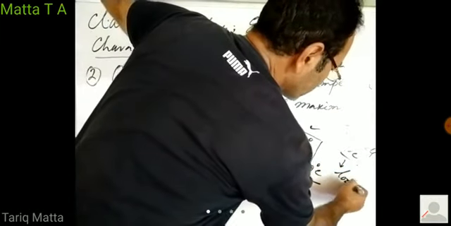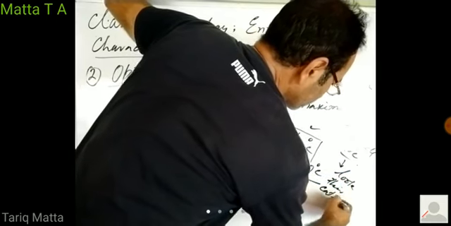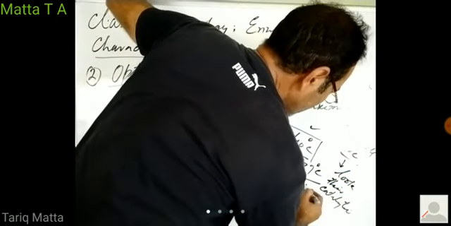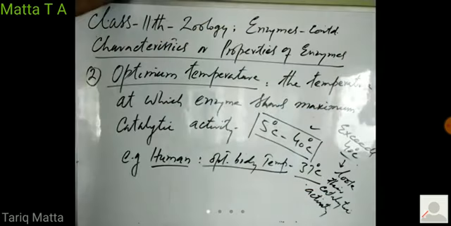Enzymes do not show catalysis above 40 degrees Celsius. Why do enzymes lose their catalytic activity above 40 degrees Celsius? This is because at high temperatures, the weak hydrogen bonds which hold the structure of the protein break.